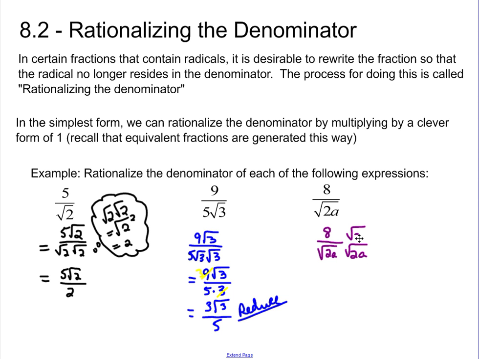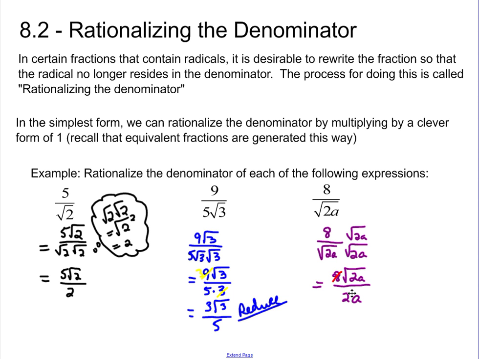All right, so what's going to happen right here? We're going to end up with 8 times the square root of 2a in the numerator, and that's fine. Square root of 2a times square root of 2a in the denominator is going to give us just 2a. And is there any reduction that can take place here? Well, absolutely.